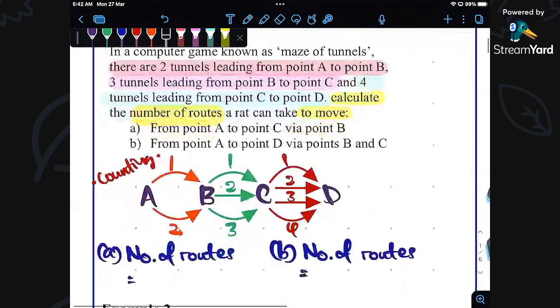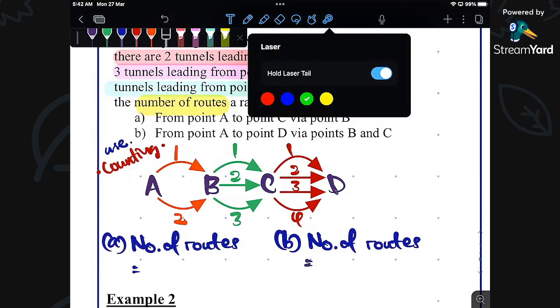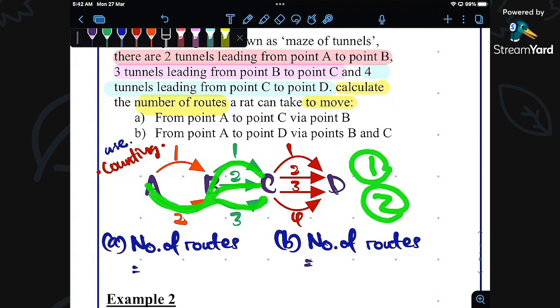So let's have a look at how many routes we can count by using the technique of counting. This is the first route, this is the second route, and this is the third route. So for now we know there are 3 routes, but we can also begin with this part. That's why this is also called one route. And then we have 2 routes, and then we have another route.